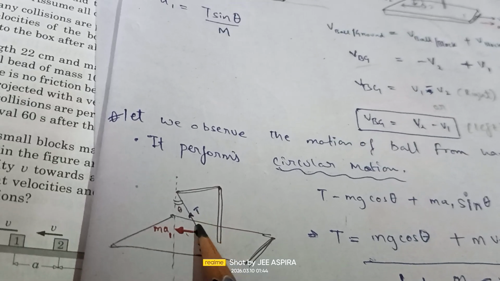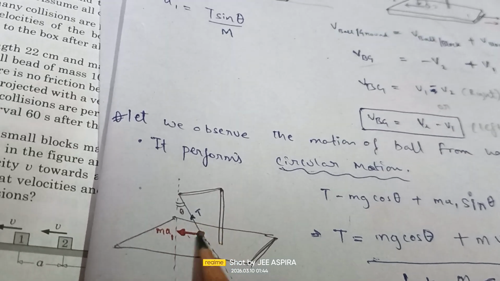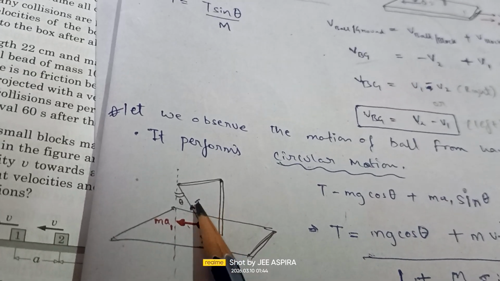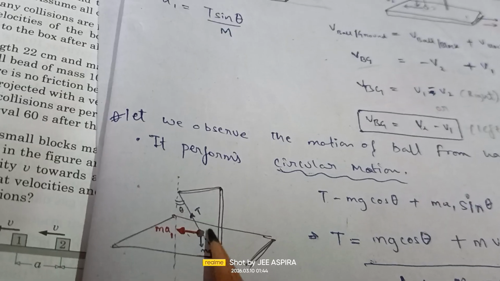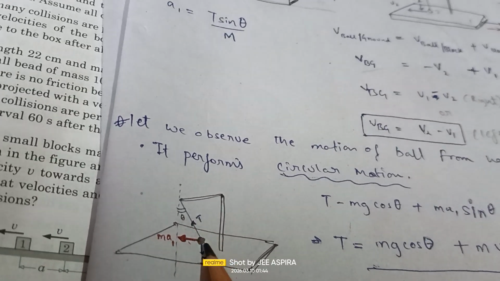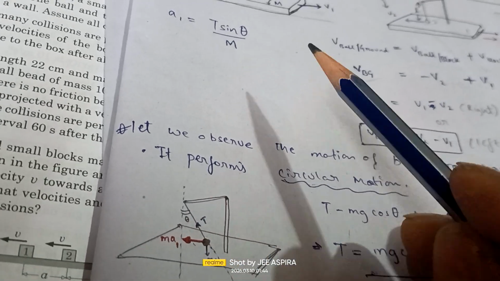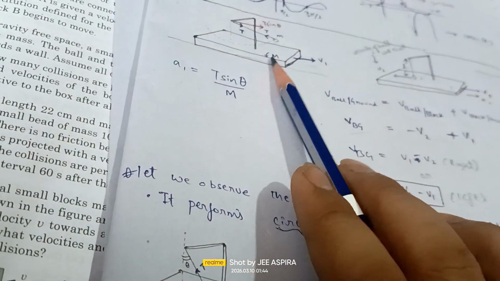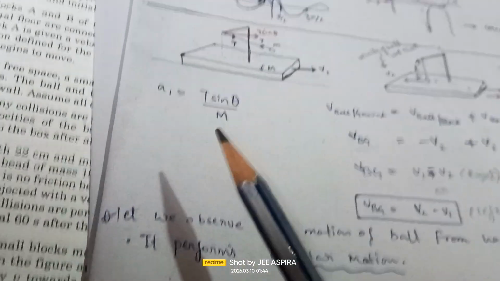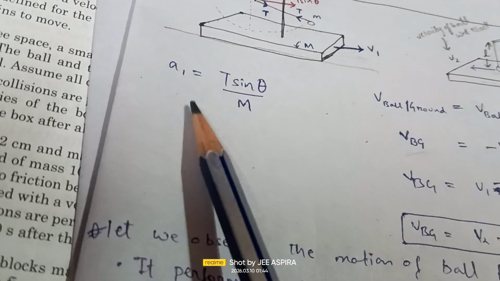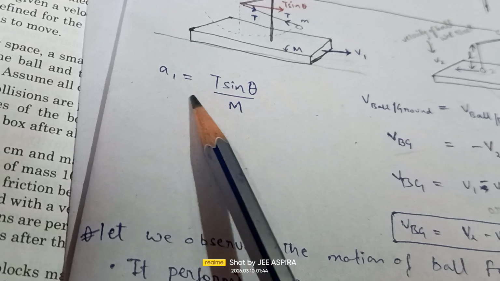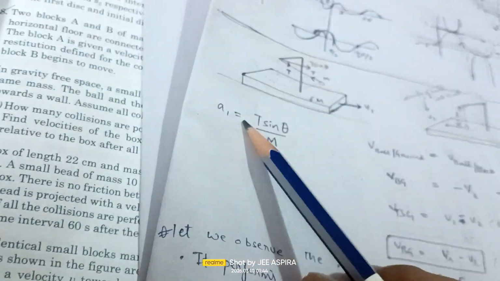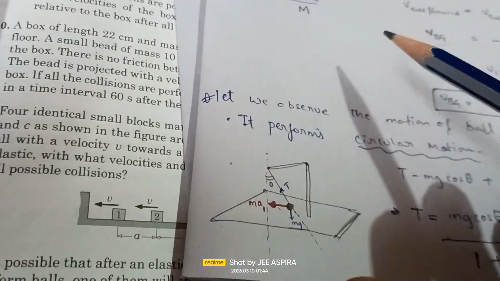In the ground frame, the T sine theta component of tension will give the necessary acceleration of the block. So I write that the acceleration of the block is T sine theta by its mass, which I denote by a1.